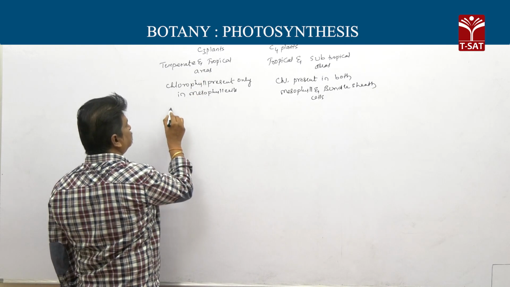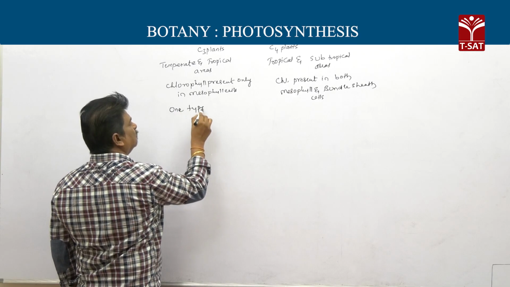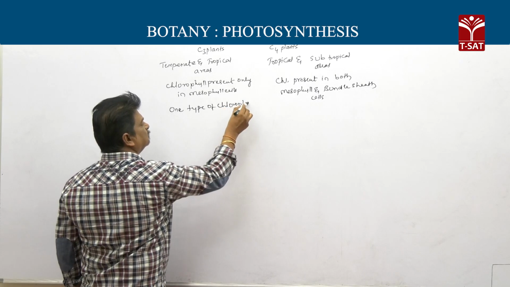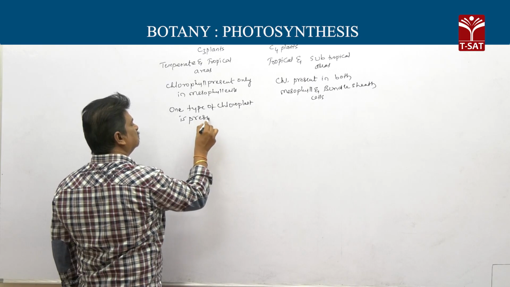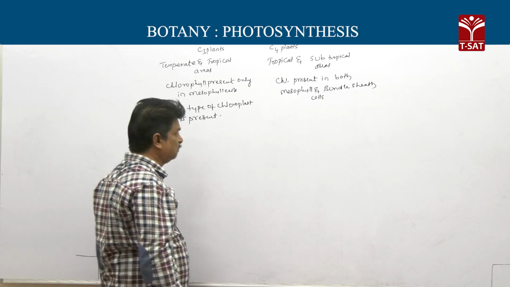C3 plants, only one type of chloroplast. Only one type of chloroplast is present in C3 plants.